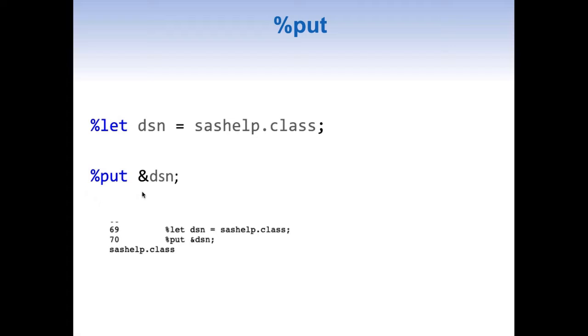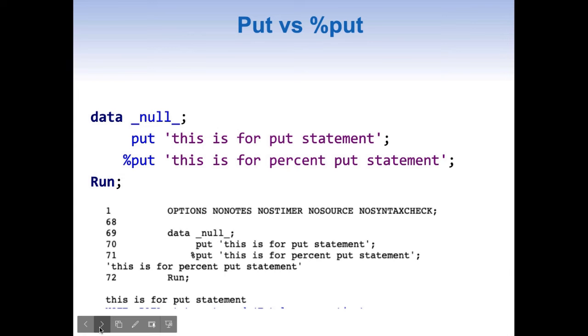But %put deals with macro variables rather than variables. Now, when we run this %put statement, we are going to see in the log that &dsn has resulted in sashelp.class.